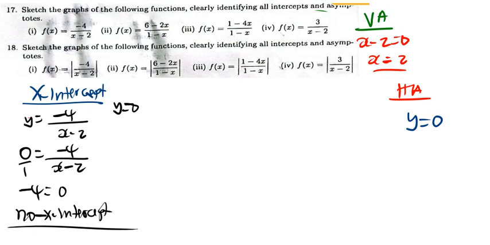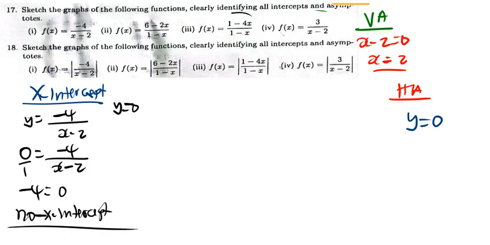Now, another way you can know that here I'm going to have an x-intercept and here I'm not going to have an x-intercept: if the numerator has got x, then you expect to have an x-intercept. If the numerator doesn't have x, you are not going to have any x-intercept. So this question here, do you expect to have an x-intercept for the last question, from the explanation I've given you?